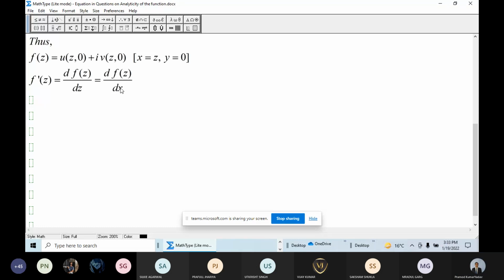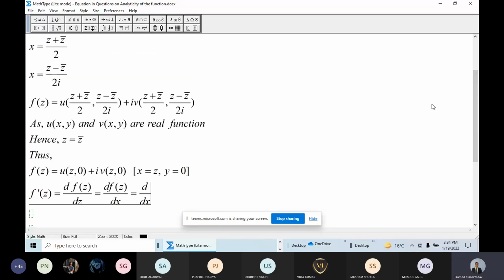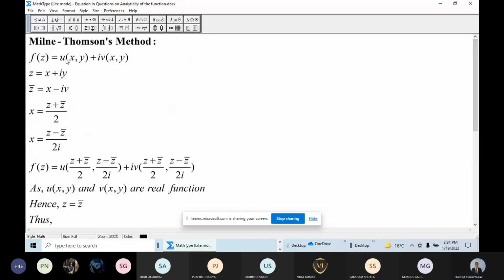When we studied the CR equation, there we proved it. And this value is equal to, since f(z) is u plus iv, we are going to use this one.